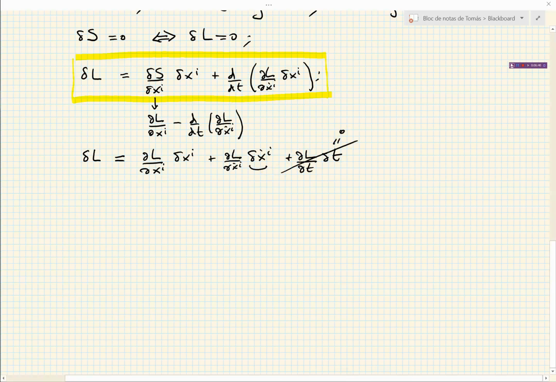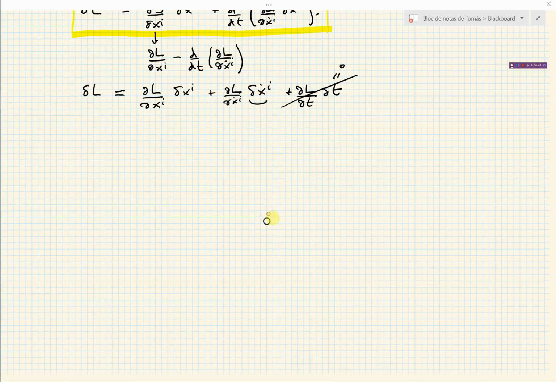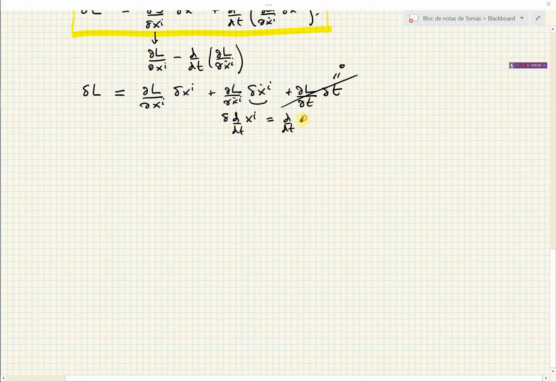And now this term is delta d dt xi, and because delta t is 0, delta and the derivative with respect to time commute, and we have d dt delta xi. Now the derivative d dt is outside of the variation, and we can integrate by parts. The first term stays as it is, because it is not affected by the integration by parts.